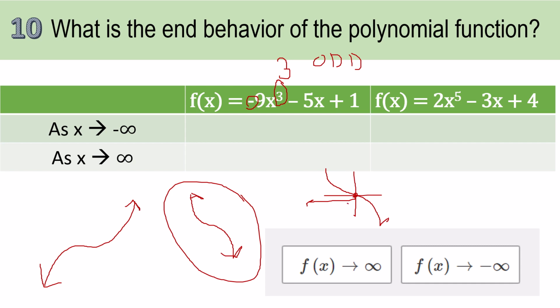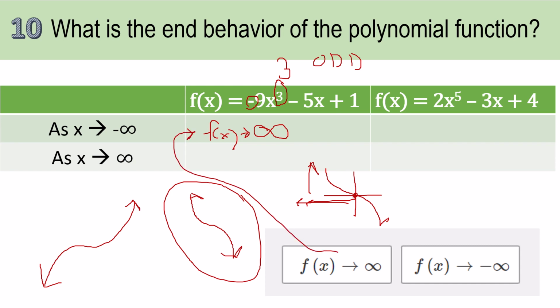So as x approaches negative infinity, what happens to the y? It's going to positive infinity. We don't write the positive, we just write infinity. So f of x approaches positive infinity. Okay, so that's going to go here.